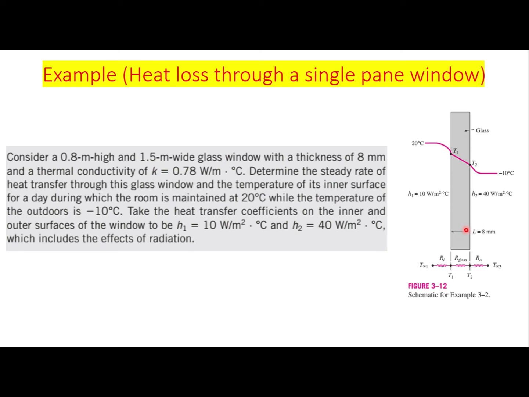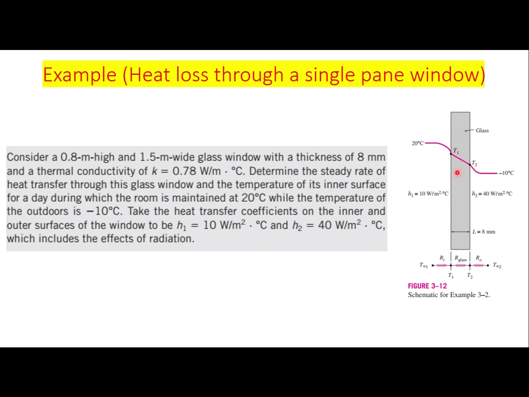First you have to determine the steady rate of heat transfer through this glass window, and the temperature of its inner surface, for a day during which the room is maintained at 20 degrees centigrade while the temperature of the outdoors is minus 10 degrees centigrade.